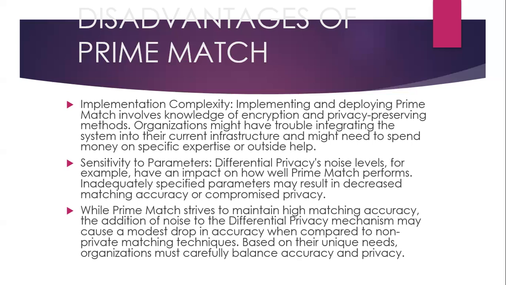While Prime Match strives to maintain high matching accuracy, the addition of noise by the differential privacy mechanism may cause a modest drop in accuracy compared to non-private matching techniques. So the organization must carefully balance accuracy and privacy.